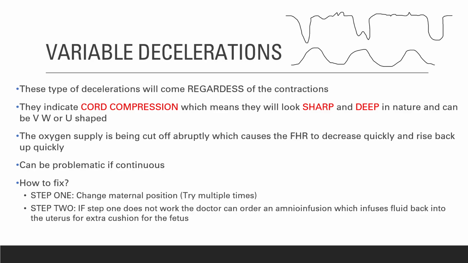We will definitely talk about that a little bit later in regards to the management of amnio infusion. But please recognize a variable deceleration. Again, it can be a V, it can be a U, it can be a W, it can be any sort of shape with or without the contraction, and it's abrupt.